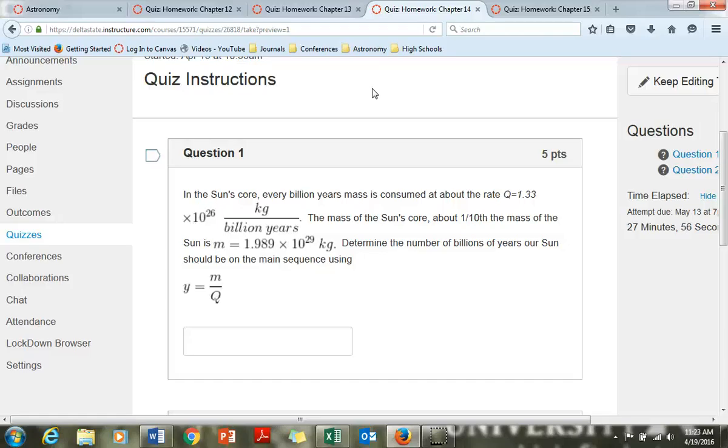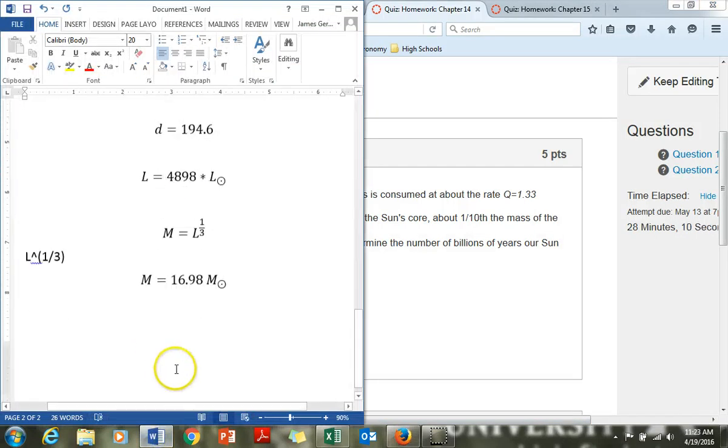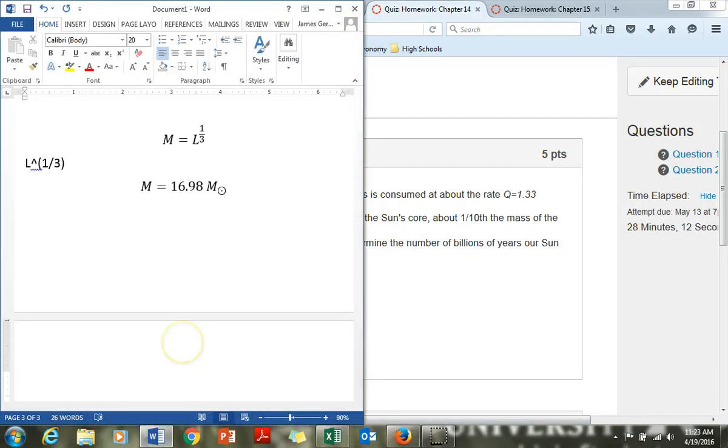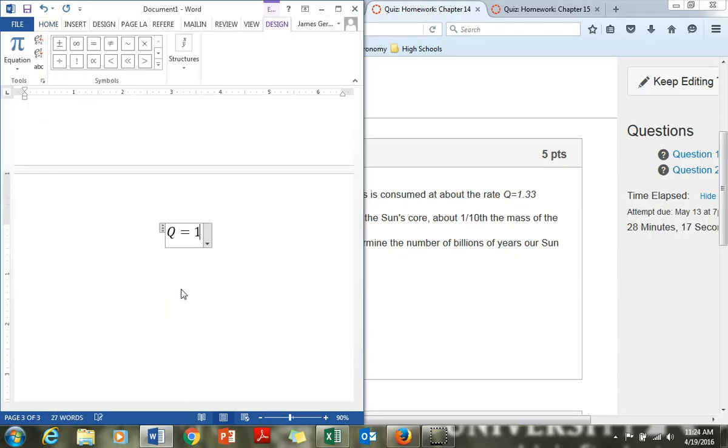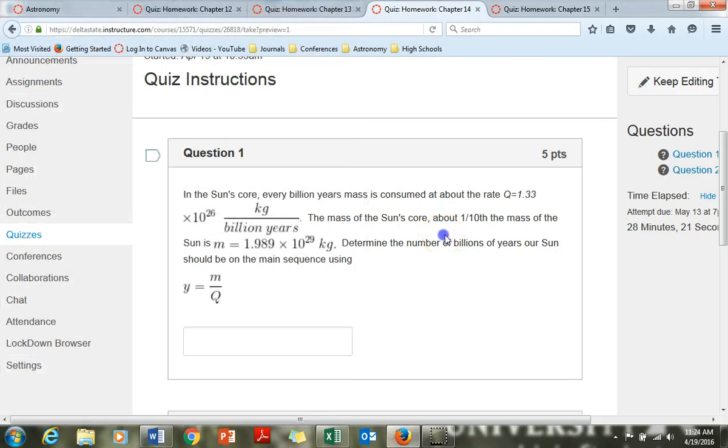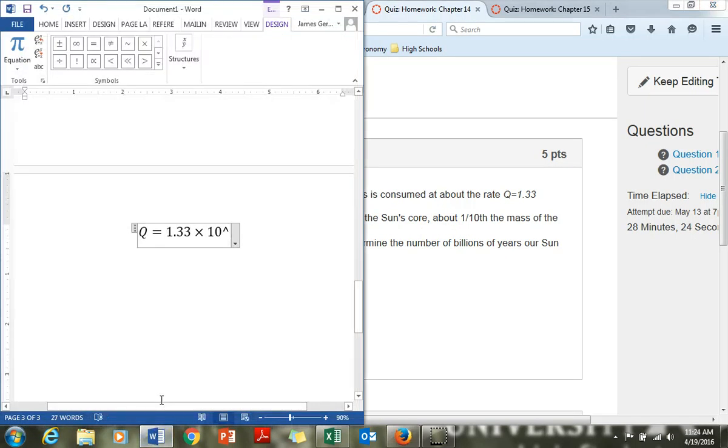The number of billion years it should be on the main sequence is just you divide the mass by the rate at which mass is being consumed, and you get the answer. So we have the rate, 1.33 times 10 to the 26 kilograms per billion years.